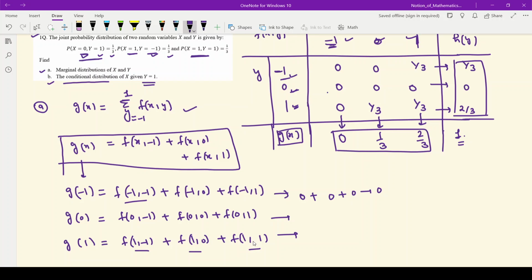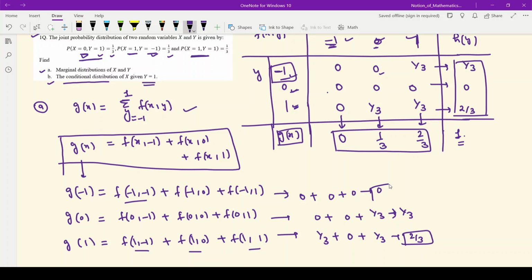Totally it is 0. f(0, -1) is 0 plus f(0, 0) is 0 and f(0, 1) is 1 by 3, that is total 1 by 3. And f(1, -1) is 1 by 3 plus f(1, 0) is 0 plus f(1, 1) is 1 by 3, so total 2 by 3.